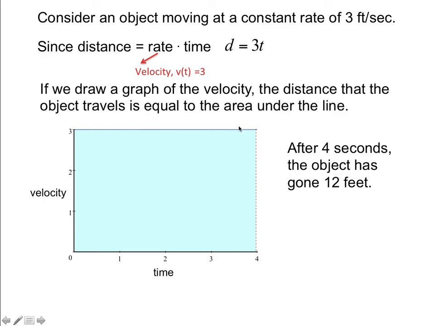So how can we relate this information, traveling for 4 seconds, going 12 feet, to a graph? What physical aspect of the graph represents the number 12? If we look at this graph, we see that the rate of 3 feet per second is represented on the vertical axis, and the 4 seconds is represented on the x-axis.